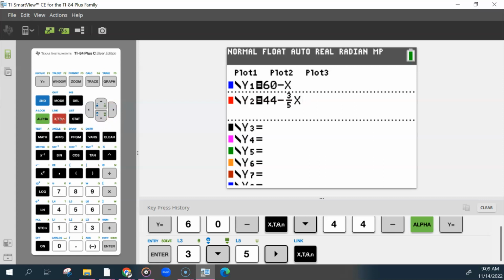When we usually write equations, we usually switch it, but for this, it doesn't matter. Alpha y equals.